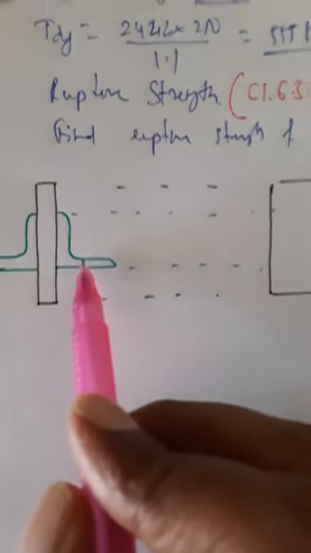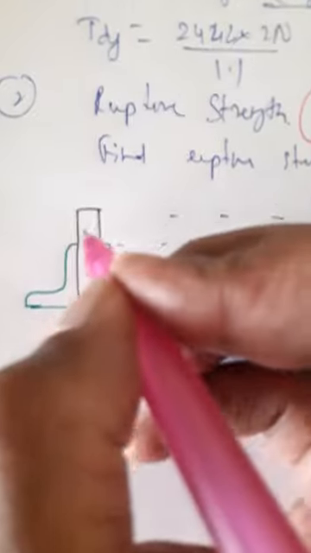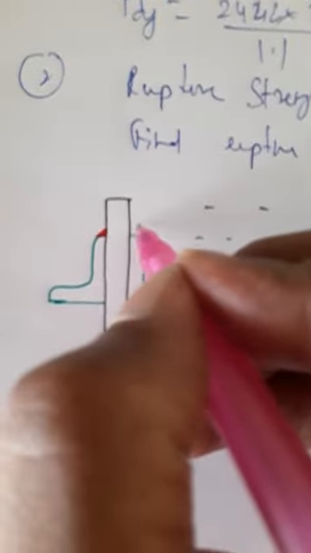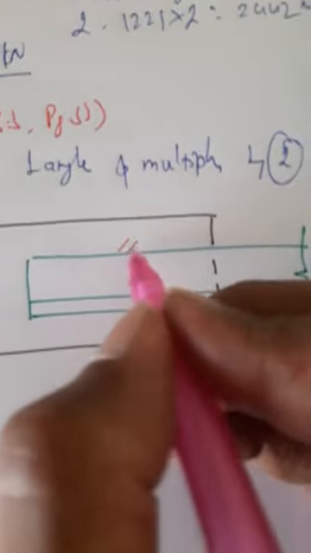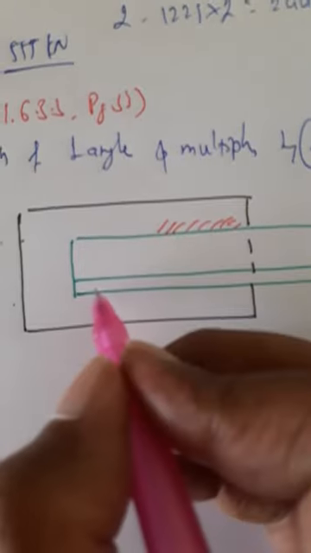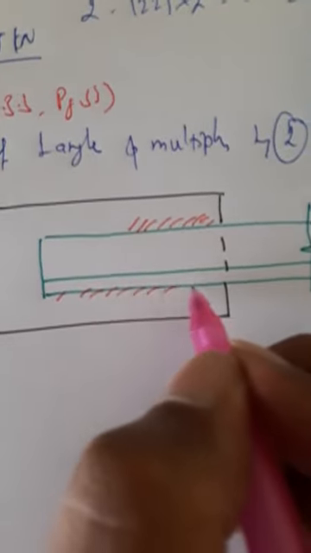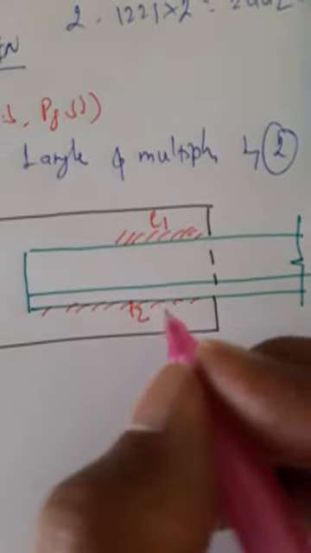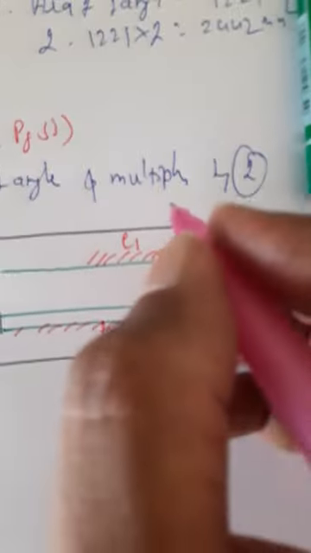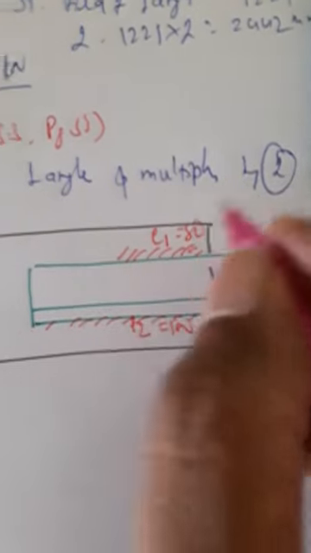Gusset plate, angles. So here weld is provided on both the sides, here as well as here. Similarly, show that welded portion here. Let this welded portion be L1, this be L2. So L2 is 100, L1 is 75.